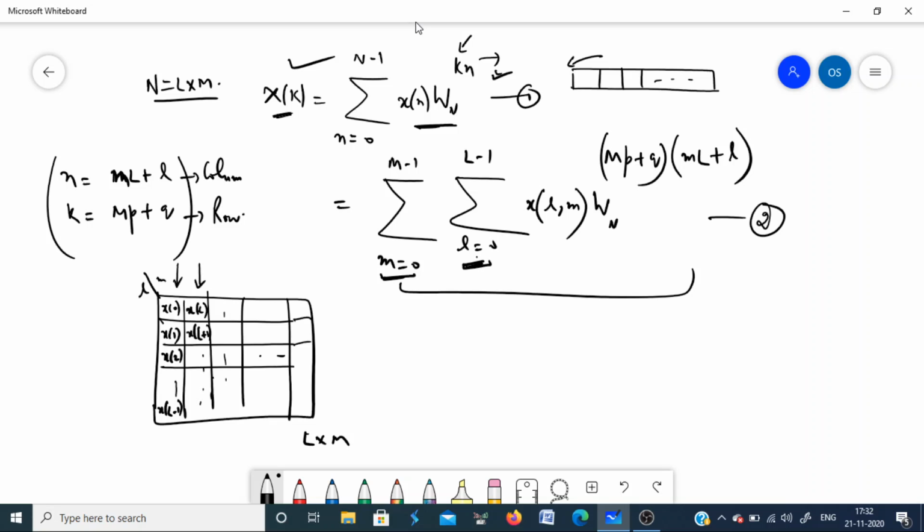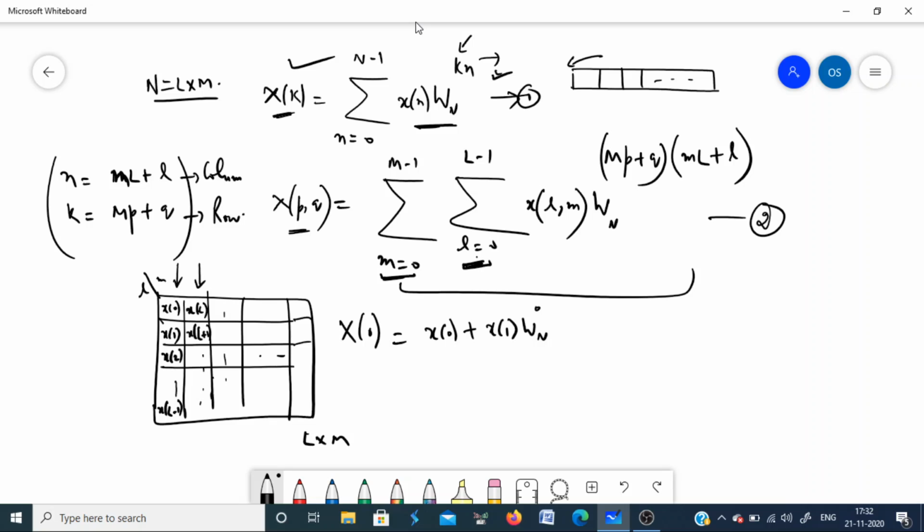Suppose if you find xk from this equation, suppose for k is equal to 0, and now in this case it will become x of pq. It will also become a two-dimensional matrix. Output is also a two-dimensional array. Okay. From equation number 1, if I compute x0, k is equal to 0, and n will vary from 0 to N minus 1, I will get x0 plus x1 W to the power k is 0, n is 1, so it is everywhere 0.